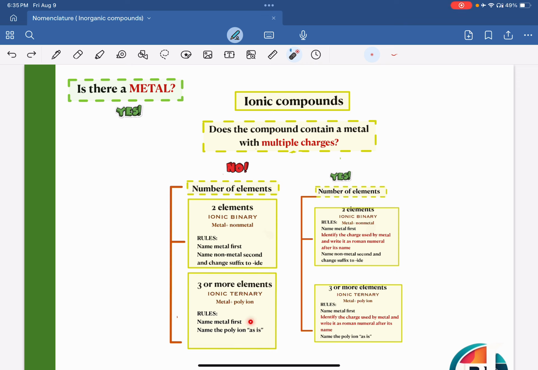If no, follow the rules for naming simple ionic compounds where the metal has a fixed charge. If yes, follow the rules for naming ionic compounds with metals that can have multiple charges, using Roman numerals to indicate the metal's charge. This approach will help you accurately name ionic compounds based on the nature of the metal's charge.